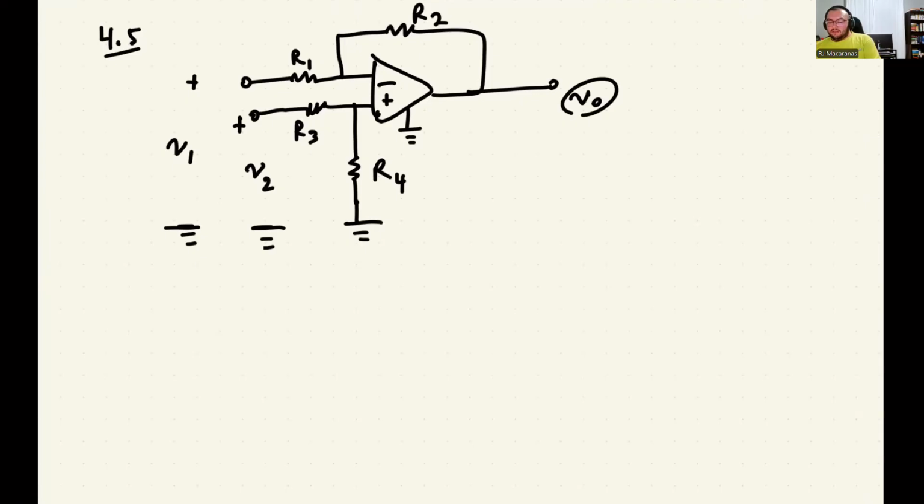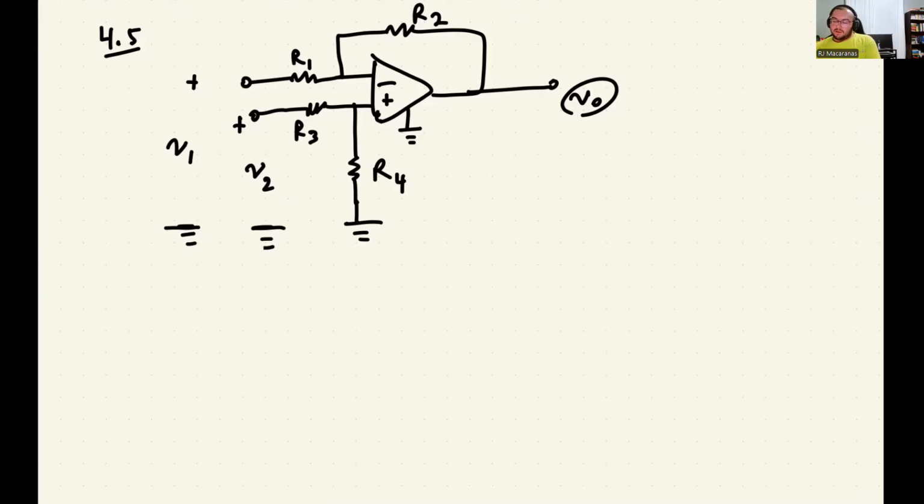So without looking at the solution again, hopefully I can do this. This is kind of good practice for me. When I look at this circuit, I see that I don't necessarily know any of the input voltages to the op amp.